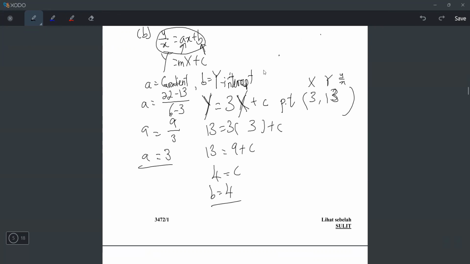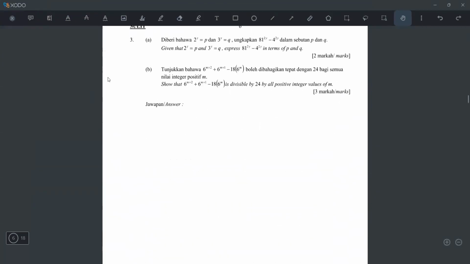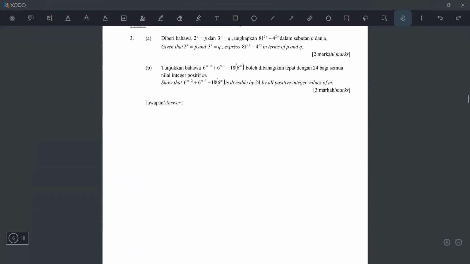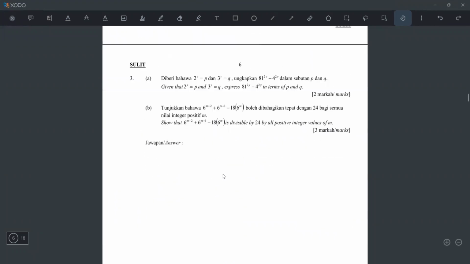It means you will just substitute the whole thing like this. You don't have to divide by x again. That's why I use capital X and capital Y, because this is already big X, this is already big Y, so you just substitute. Okay, so that's how you do it. Before I continue, I want to check with the answer scheme, because I'm scared I wrote the wrong answer here. Okay, yes, correct.